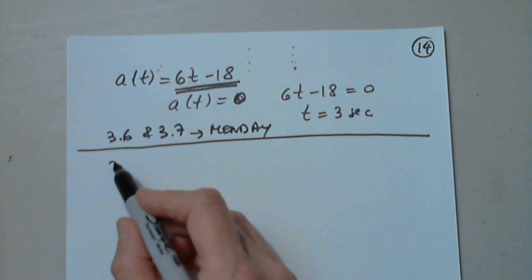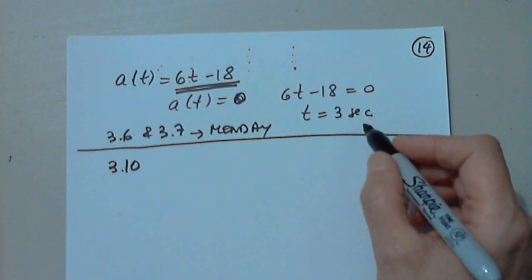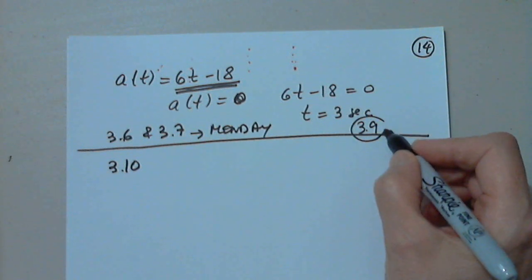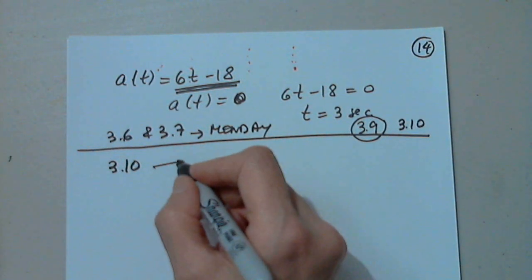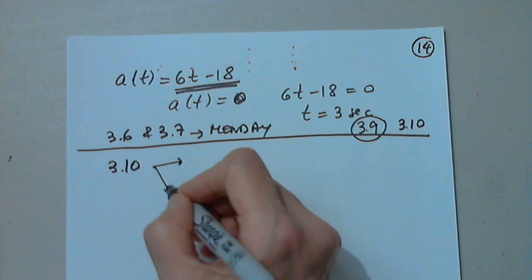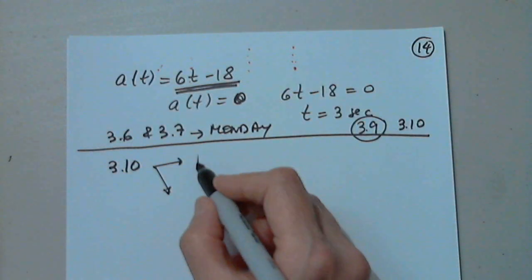Okay, so let's look at 3.10. So the last two sections that we have to cover from chapter 3 are 3.9, which is a huge topic, and 3.10, that only has two different situations, two different applications. One of them is something called differentials.